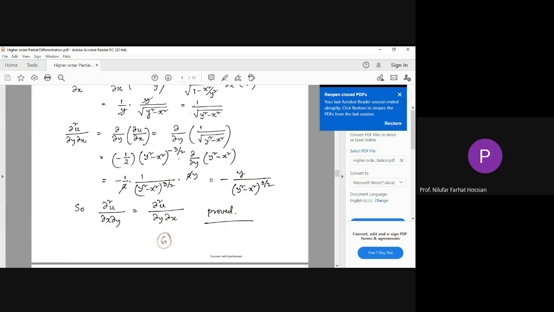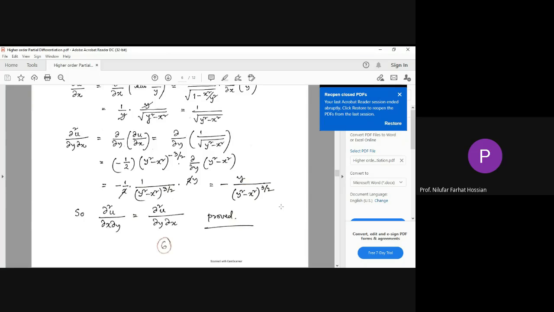And this is not simply y, so you have to perform this differentiation del y of y square minus x square. This will give you 2y, because this term is constant with respect to y. So 2y here, and there was minus half. So 2 to cancel out, ultimately you are getting minus y divided by this.